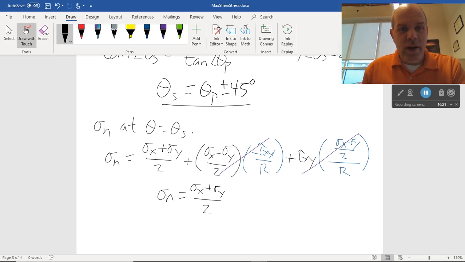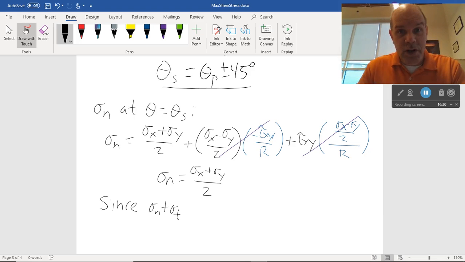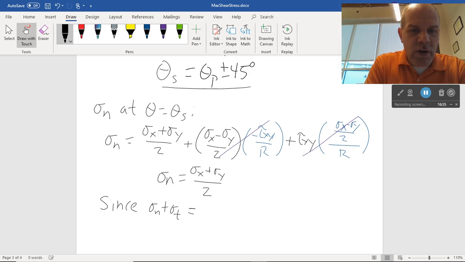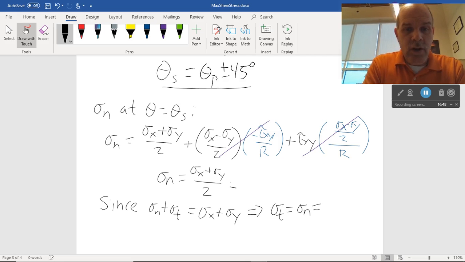I can get sigma t real quickly. Since sigma n plus sigma t, if you remember from the stress transformations, the sum of the normal stresses doesn't change as I change my orientation. Sigma n plus sigma t has to equal sigma x plus sigma y. Therefore, sigma t is equal to sigma n, and I called this sigma x plus sigma y over 2 the average axial stress above.